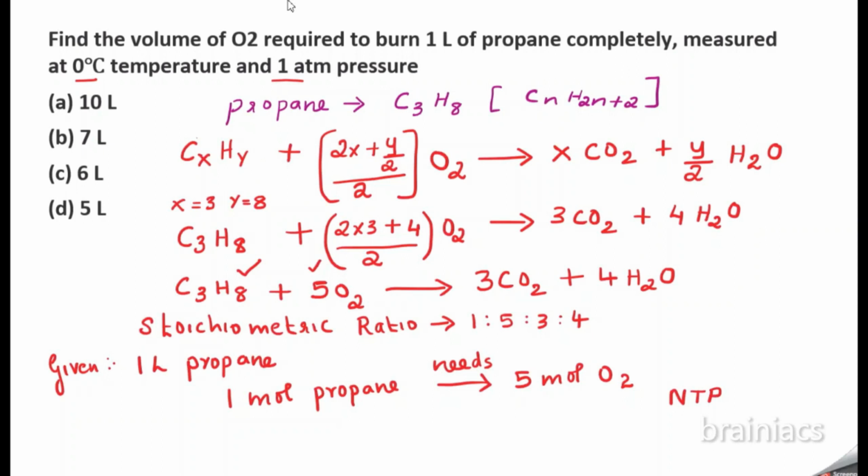STP means 273.15 Kelvin and 1 bar pressure, and NTP means 273.15 Kelvin and 1 atmospheric pressure. So both are almost the same. 1 mole of any gas at STP or NTP will occupy 22.4 liter. So 22.4 liter propane needs 5 mole, that is 5 into 22.4 liter oxygen. Correct? Okay.